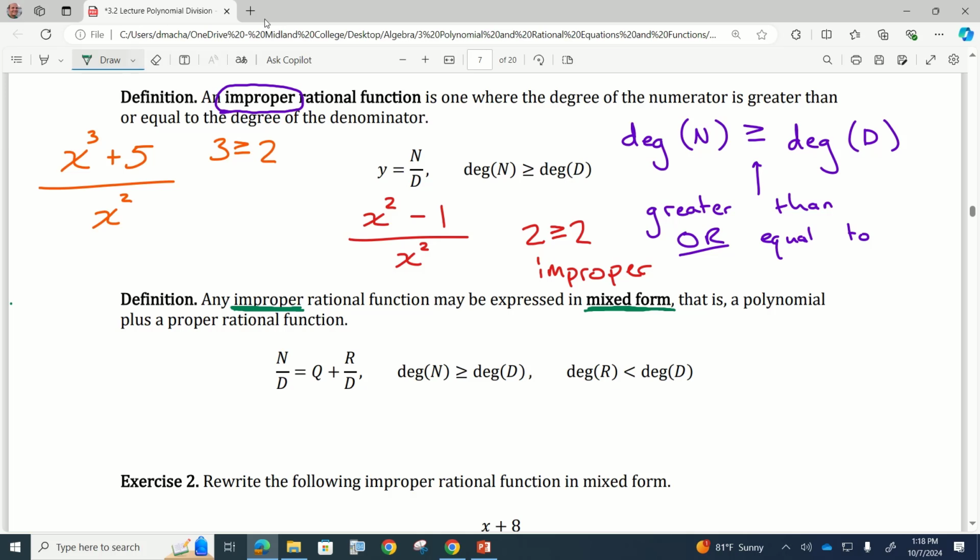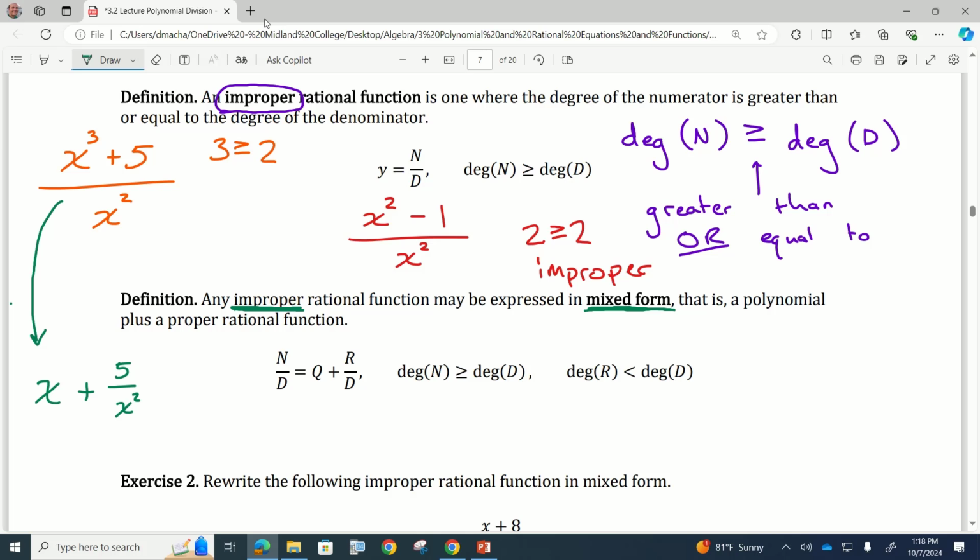So, examples. If I take this orange improper rational function, I could rewrite this as x cubed divided by x squared, which is x, plus 5 over x squared. And that is a polynomial plus a proper rational function.